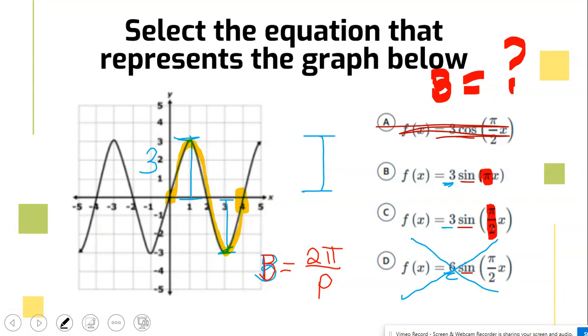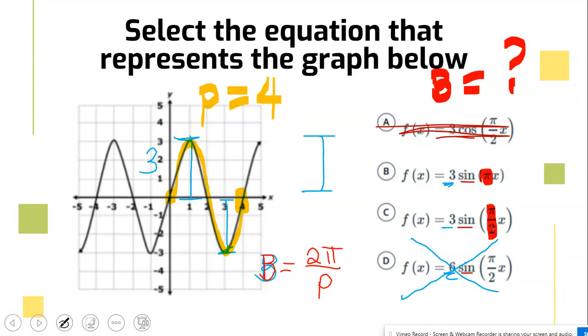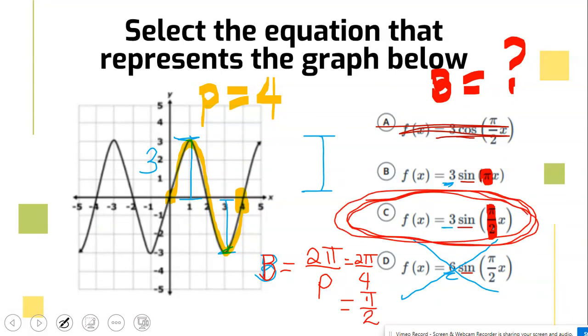Oh, look, right there. P is equal to 4. So let's plug that in. If we plug that into our equation, this is 2 pi over 4, and that's going to reduce to pi over 2. Since it's pi over 2, that means C is our equation.